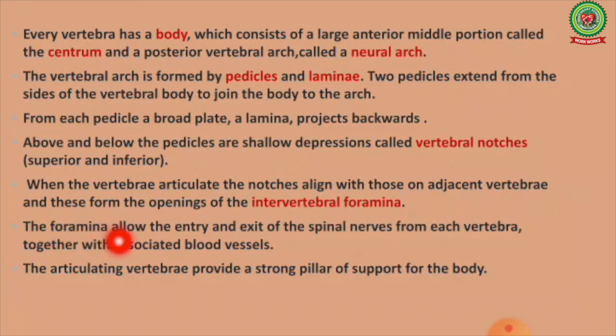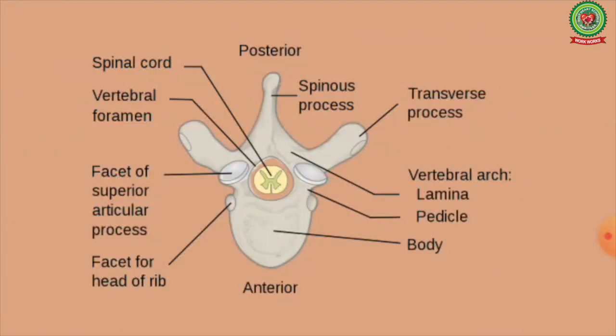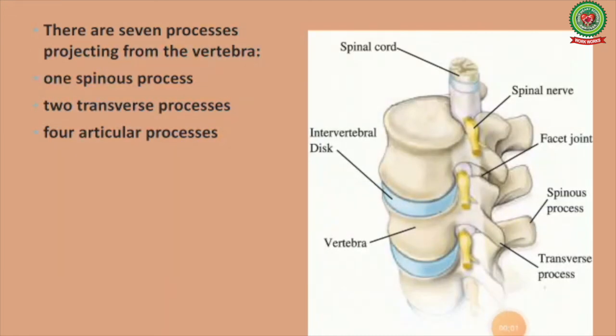The foramina allow the entry and exit of the spinal nerves from each vertebra together with associated blood vessels. The articulating vertebrae provide a strong pillar of support for the body. In this image, we can see the structure of a typical vertebra. There are 7 processes projecting from the vertebra: 1 spinous process, 2 transverse processes, and 4 articular processes.